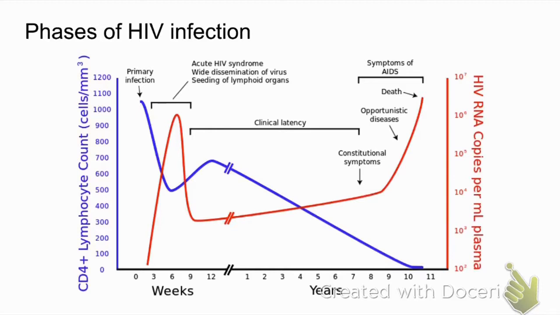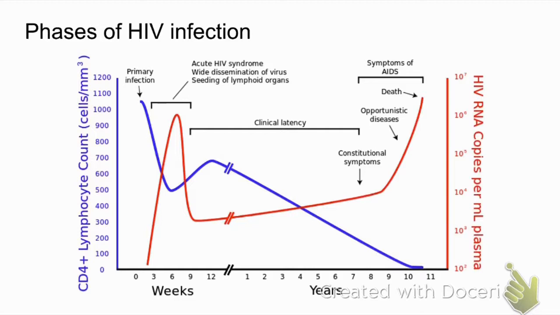What you're looking at here is a graph which compares the levels of CD4 lymphocytes, or T helper cells, in blue to the amount of HIV viral genome copies per milliliter of blood plasma. You'll notice that the infection of HIV follows 3 different stages.